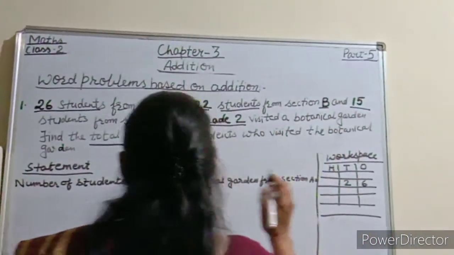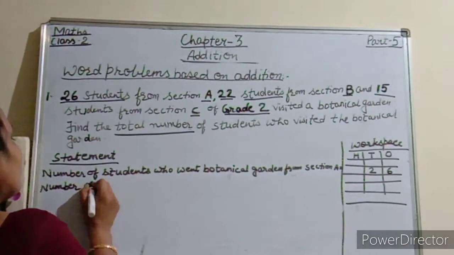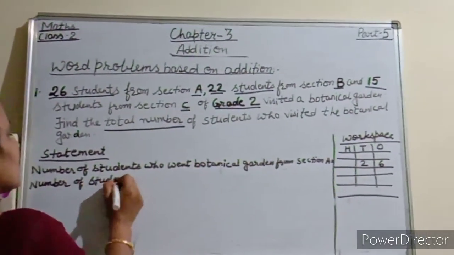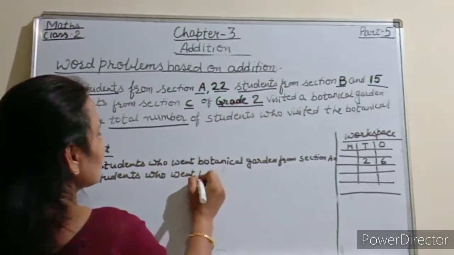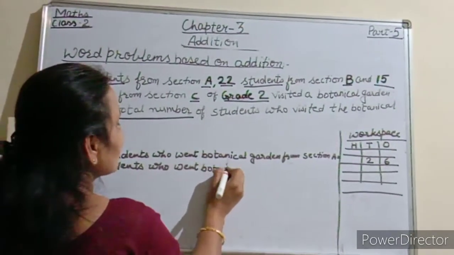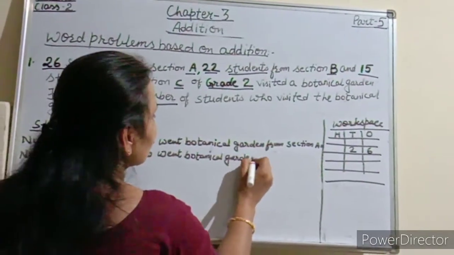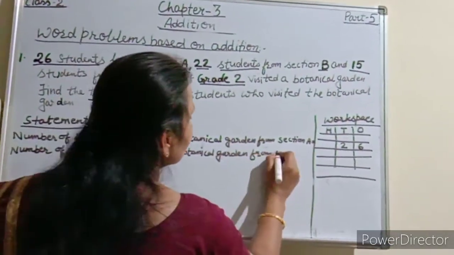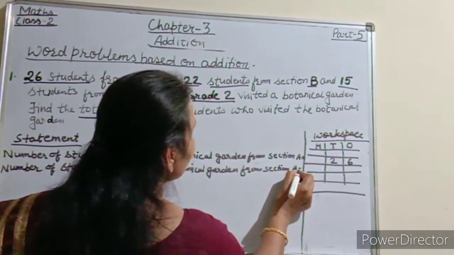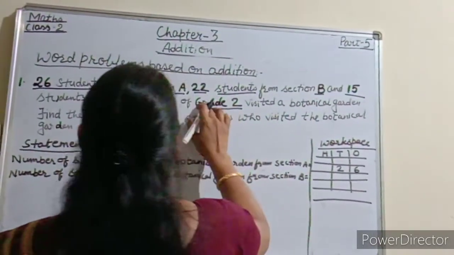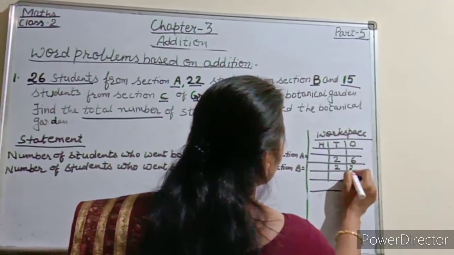Students from section B. Again write number of students who went to the botanical garden from section B is equals to, so how many students? 22 students from section B. So write here 22.